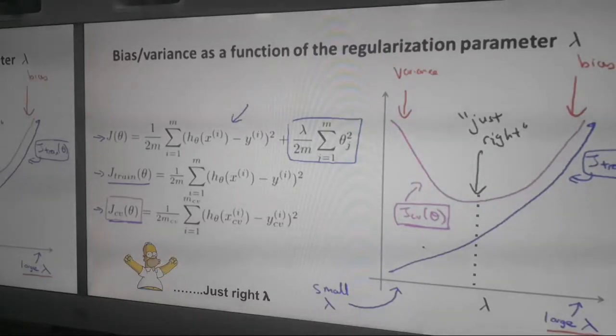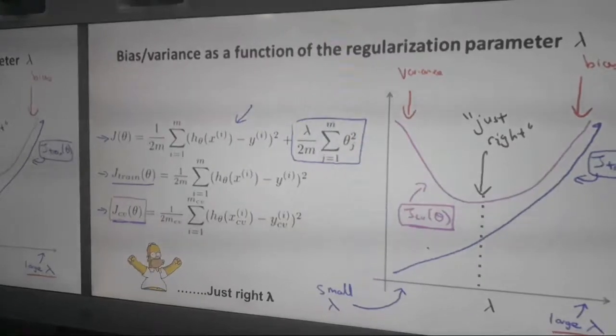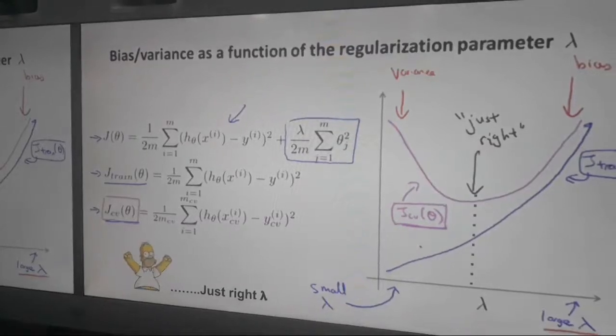train, right? So this is the optimum lambda. This is the part we want. From this point, what can we say? What is happening from this point?